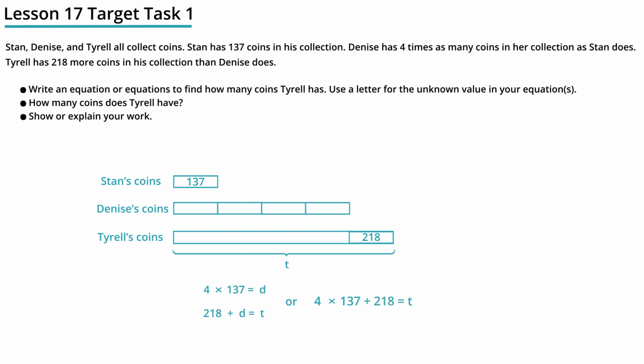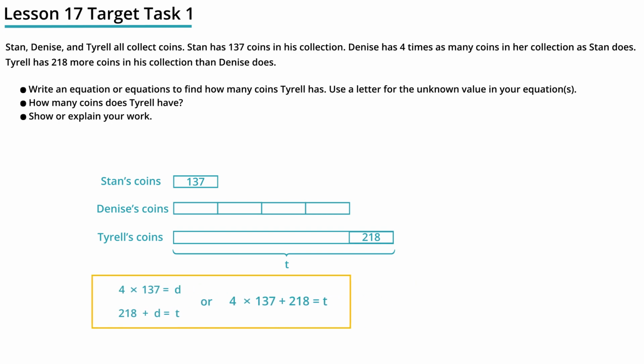While writing just one equation to represent this situation is desirable, it is not an explicit expectation that students do so for all problems they encounter, and certainly not the more complex ones. Thus, writing a single equation or more than one is acceptable.